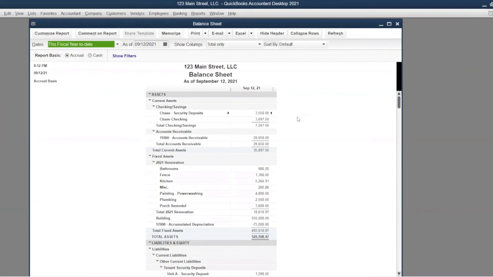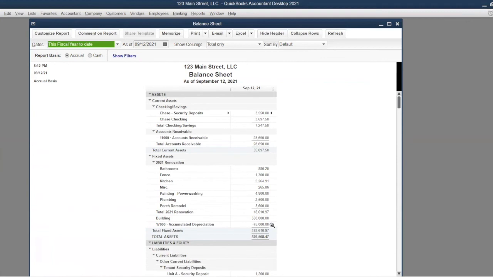So basis is this. I want you to take a really good look at this piece right here. This shows that we bought the building for $550,000, right? Okay. Ignore that. So the purchase price is $550,000. You've taken depreciation.